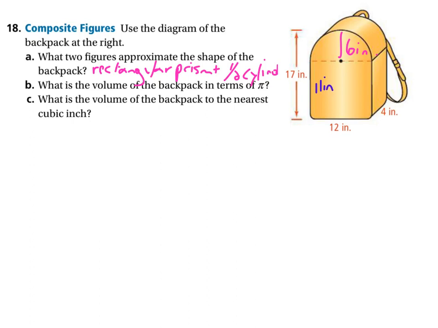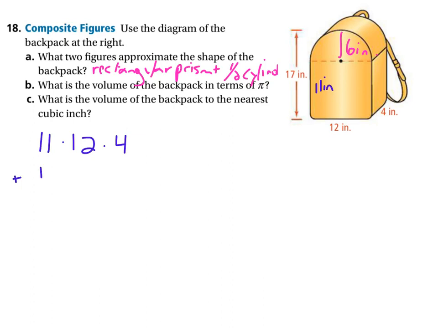Okay, so then we've got two parts. We've got the rectangular prism, which we can do as length times width times height. So we've got 11 times 12 times 4. And we will add to that what we get for the cylinder.